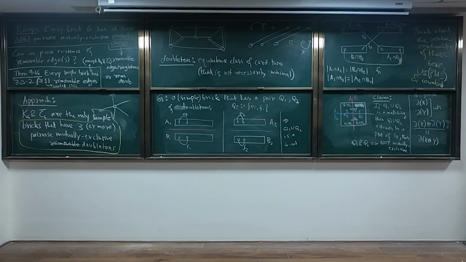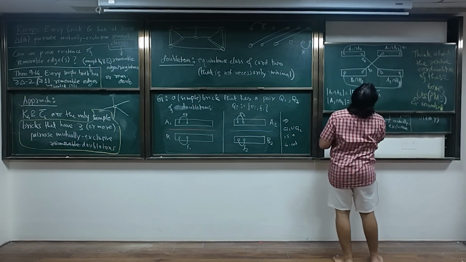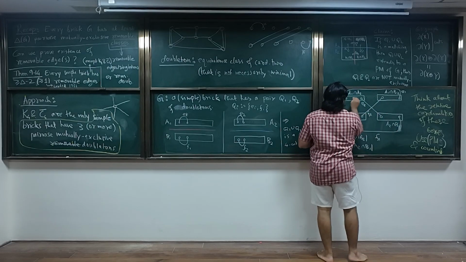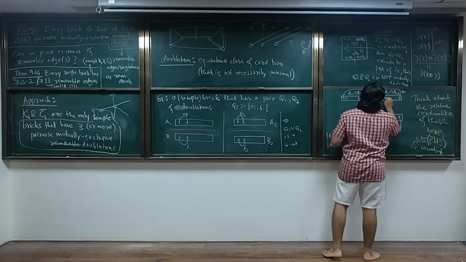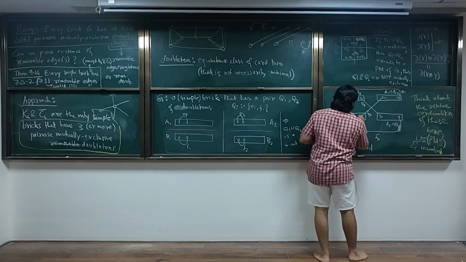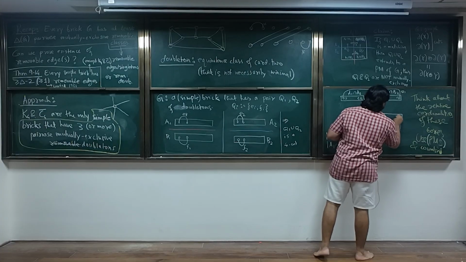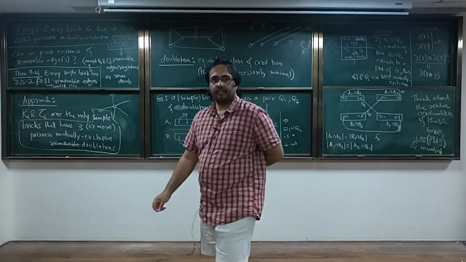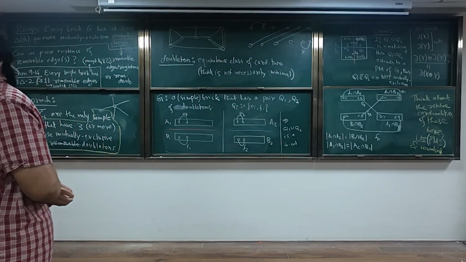I'll label all the 8 vertices. Maybe that will help. S, T, U, V, W, X, Y, Z. These are 8 distinct vertices.